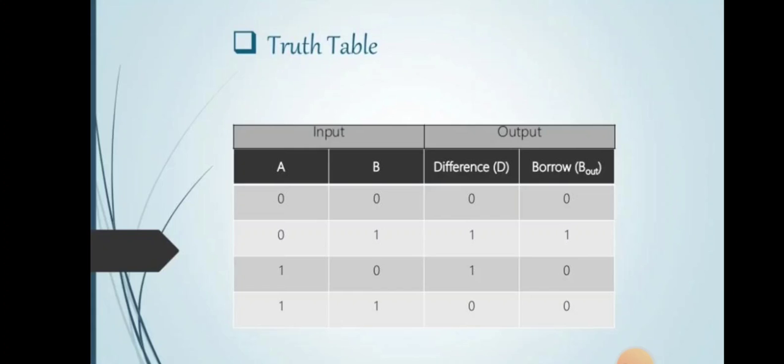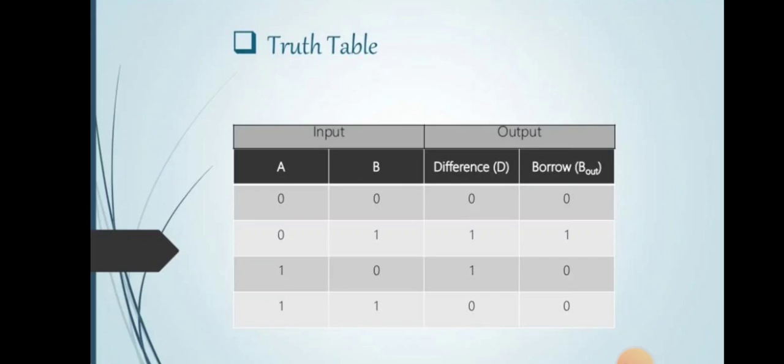In decimal, you know that if you subtract 1 from 0, like in the second case, then the difference will not be 1 and the borrow will not be 1. So this is a completely different logic from the decimal number system. So remember this table, this is very important. This is for the half subtractor.